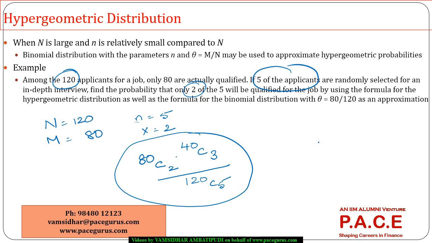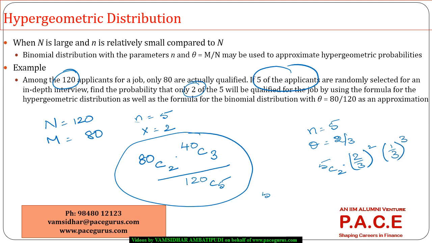This is the hypergeometric way of finding the probability. Whereas if I am going the binomial distribution way, now capital N is large, small n is small. So n is 5, theta I can very well take as m by N, which is 80 by 120, which I can take as 2 by 3. 5C2 into theta to the power 2 into 1 minus theta to the power 3.